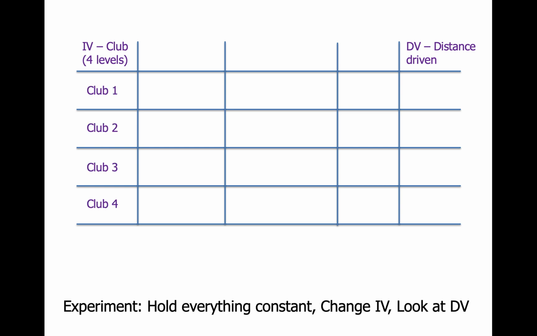And our dependent variable is the distance that the golf ball is driven. We'll probably be looking at mean distance after hitting club 1, mean distance after club 2, club 3, and club 4. Okay, so that's the experiment. Now, what sort of extraneous variables are in this scenario?